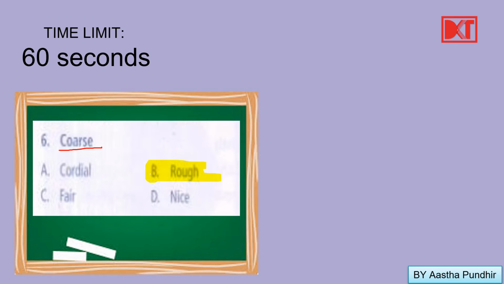The other ones, A, cordial, C, fair, D, nice, all these three refer to someone who's friendly and good natured. These are all adjectives and synonyms of each other. Alright, so you learned the synonyms of cordial, fair, nice, could be friendly, could be well-mannered, etc. And coarse and rough are synonyms. Okay.